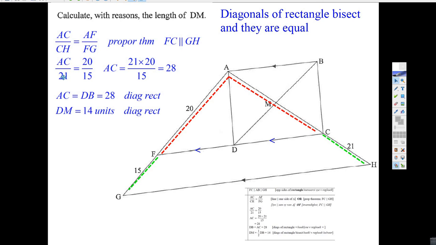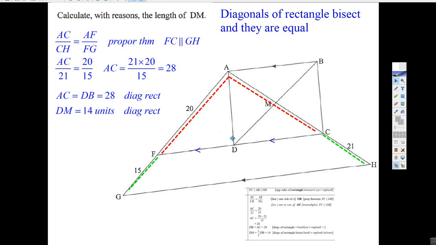Then I'll just put in the numbers they give you. They say CH is 21, AF is 20, FG is 15. So just cross multiply a little bit: 20 times 21 divided by 15. My calculator tells me that AC is 28. Now they actually ask, find the length of DM. Well, this is a rectangle.